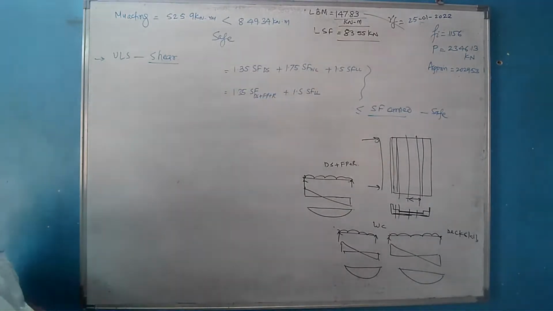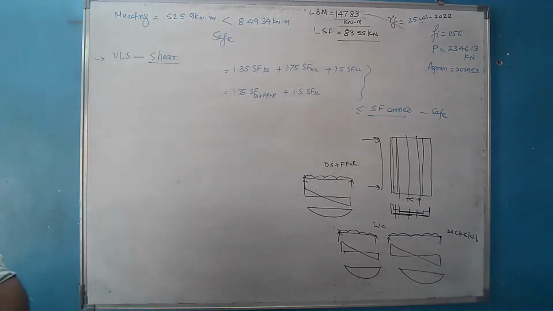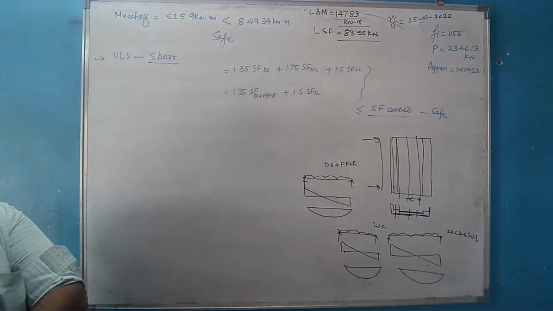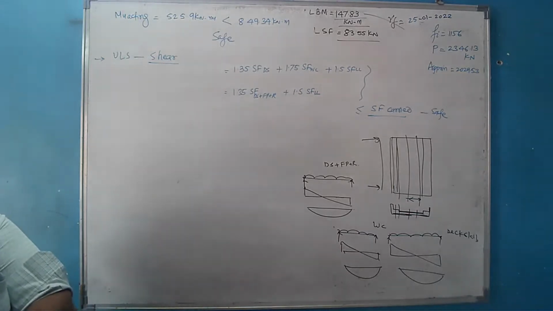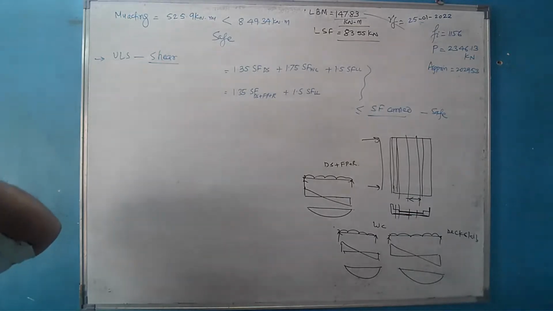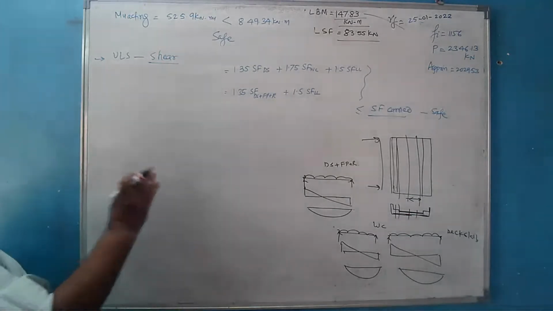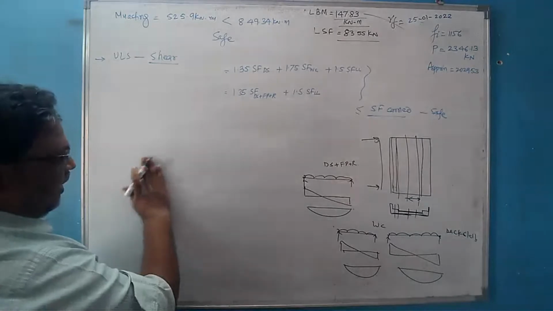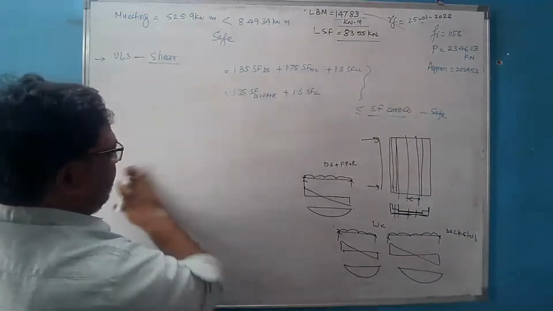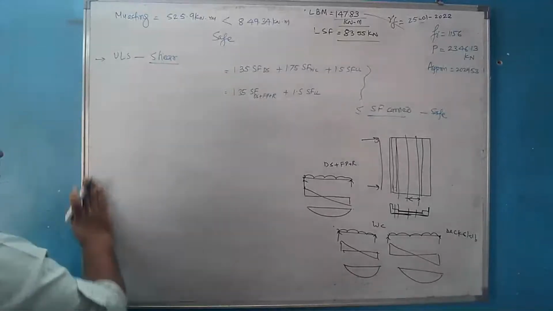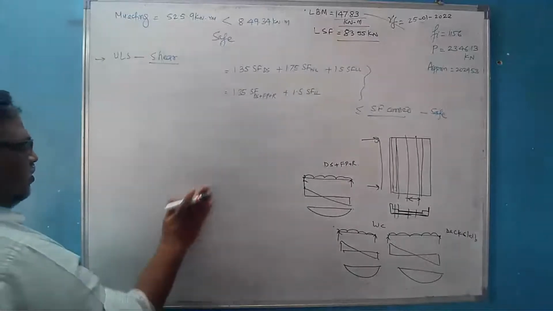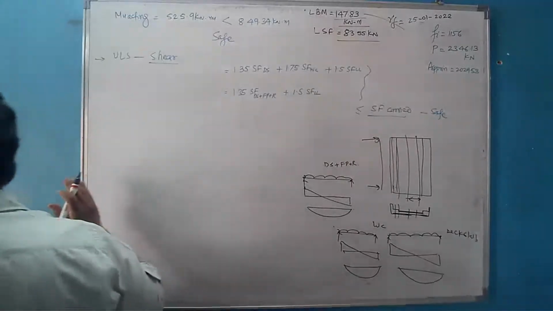Then we had considered the working load and allowable stress method so as to verify whether the dimensions provided are safe or not. How did we verify the dimensions provided? From the limit state of serviceability criteria for the internal stresses, that is, the limit state of serviceability for the maximum compression and cracking.